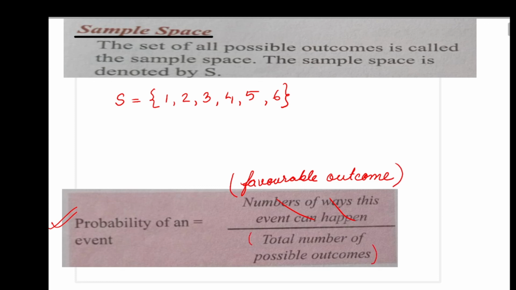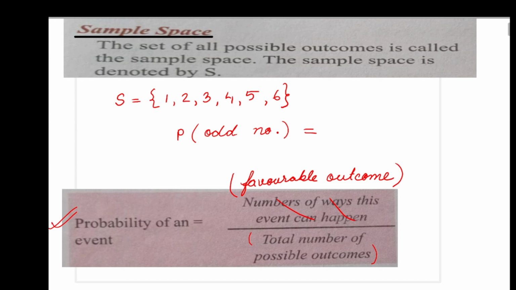Let's take one example. Suppose when we throw a die, we have to find the probability of an odd number. So what is the favorable outcome? That means what you want.